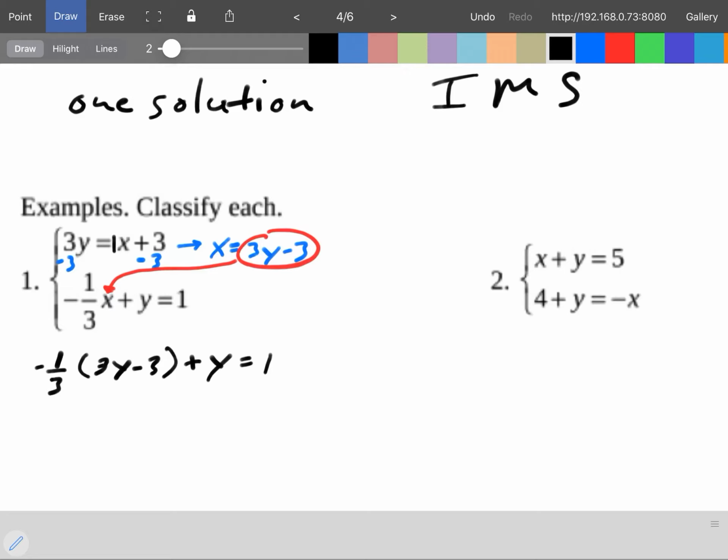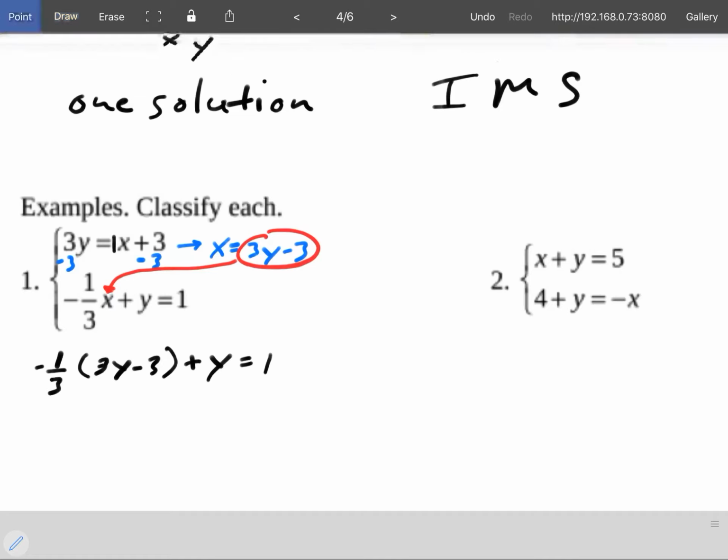Now we just have to solve that for y. We have one equation with only one variable in it, so we should be able to solve it for y.